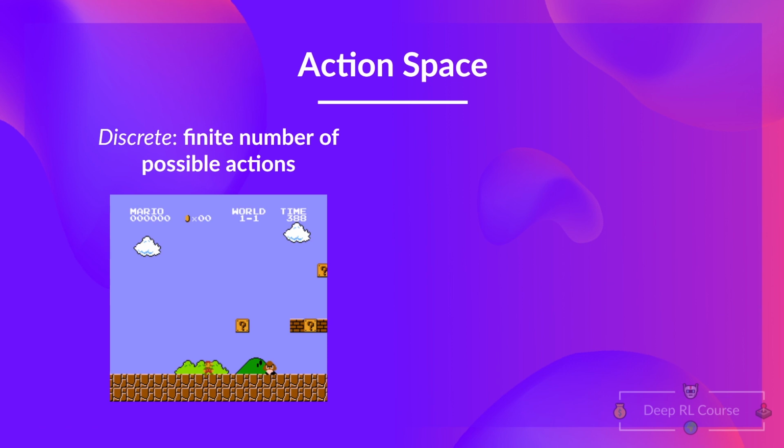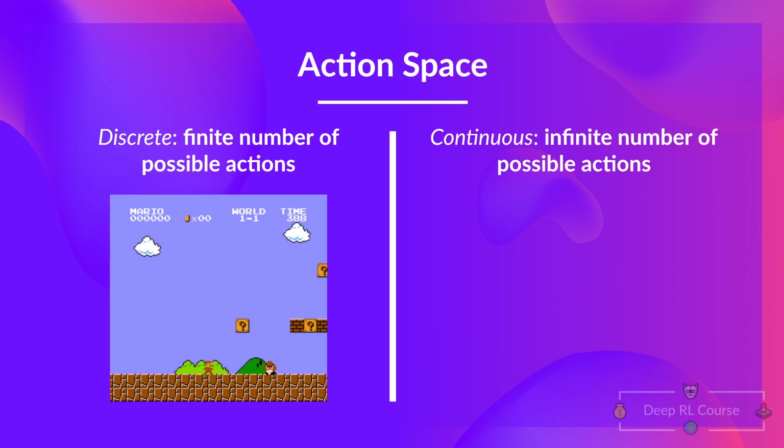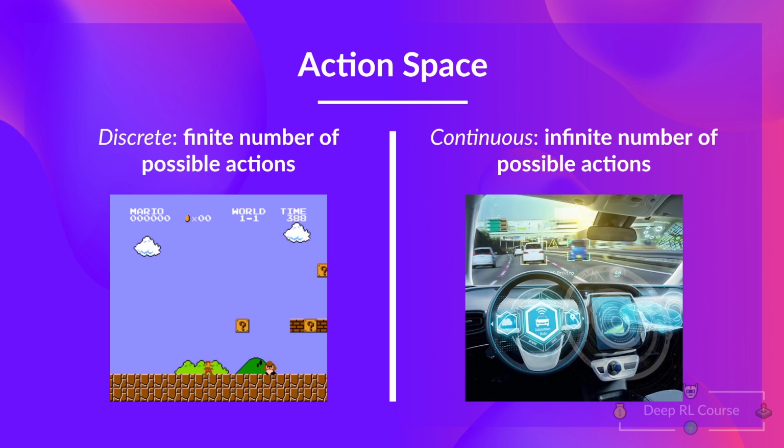In a continuous space, the number of possible actions is infinite. For instance, a self-driving car agent can have an infinite number of possible actions since it can turn left at 20 degrees, 21, 22, honk, turn right, etc. Knowing whether we are in a discrete or continuous space is crucial because it will matter when we choose a reinforcement learning algorithm.